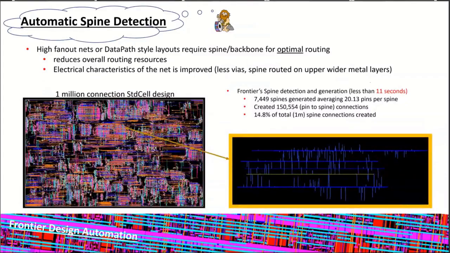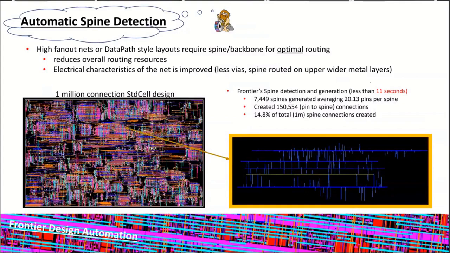For data path or high fan-out nets, for optimal routing, you need spine or backbone. This will reduce the overall routing resource and it improves electrical characteristics of the net. You have fewer vias. The spine is typically on an upper layer, a wider layer metal.